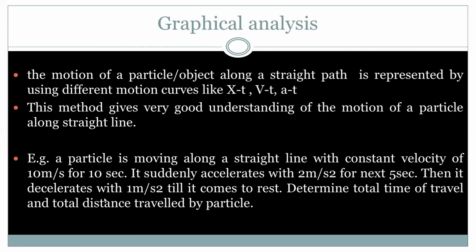Then it decelerates with 1 meter per second square till it comes to rest. Okay, so determine total time of the travel and total distance traveled by the particle. So we will represent this complete problem by using the graph.